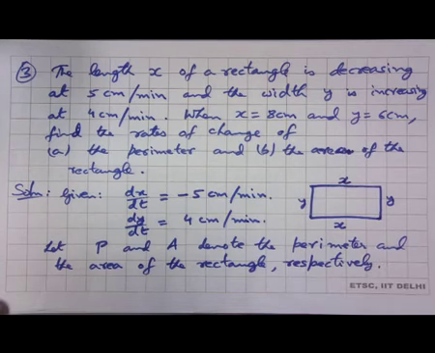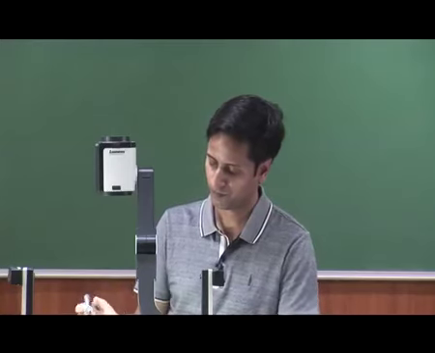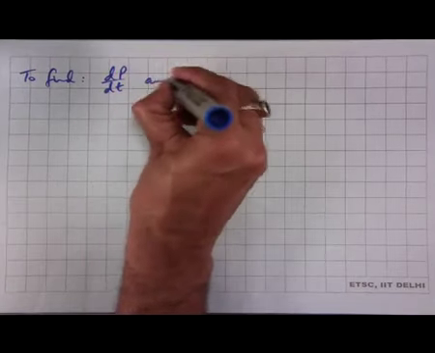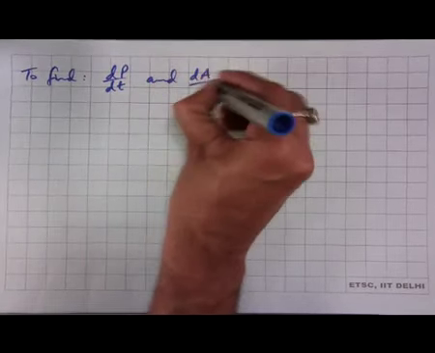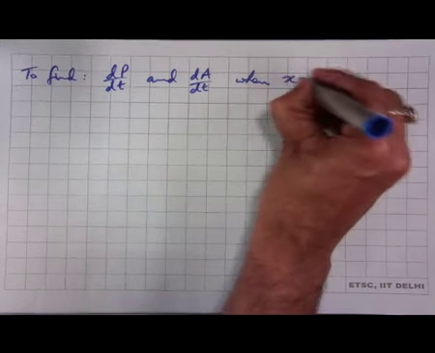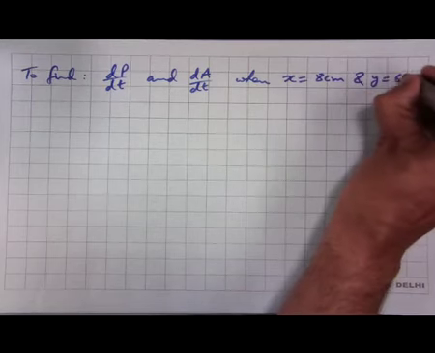So, to find dP/dt and dA/dt when x is equal to 8 centimeter and y is equal to 6 centimeter.